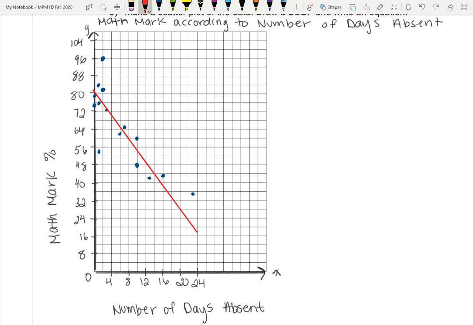So we need to pick points that are on that line, okay? So I pretty much only went through 1 or 2 blue points. So I can use those points, or if you didn't go through any of the points, you can just pick points that follow the grid lines that are easy to read.